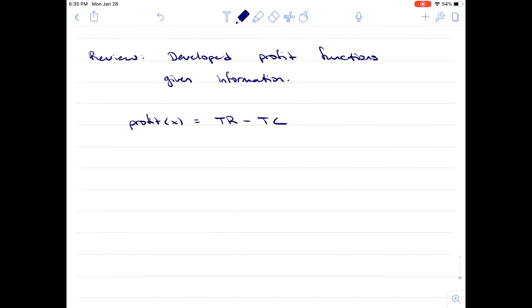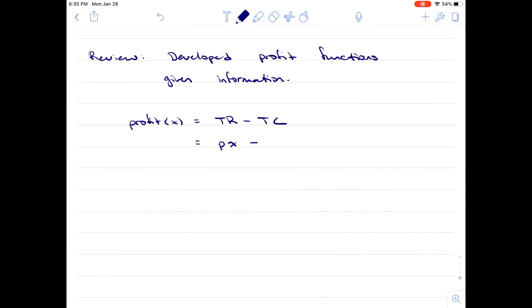That's where we started for most of these questions, just to develop a profit function. But then we said, well, that's not really helpful. The total revenue, we can actually replace with PX. And we defined P. P is the price that you're able to charge per item, and X is the number of items that you're selling or producing. We're working as if they're the same. If you produce it, you sell it. Not always the case, unfortunately.